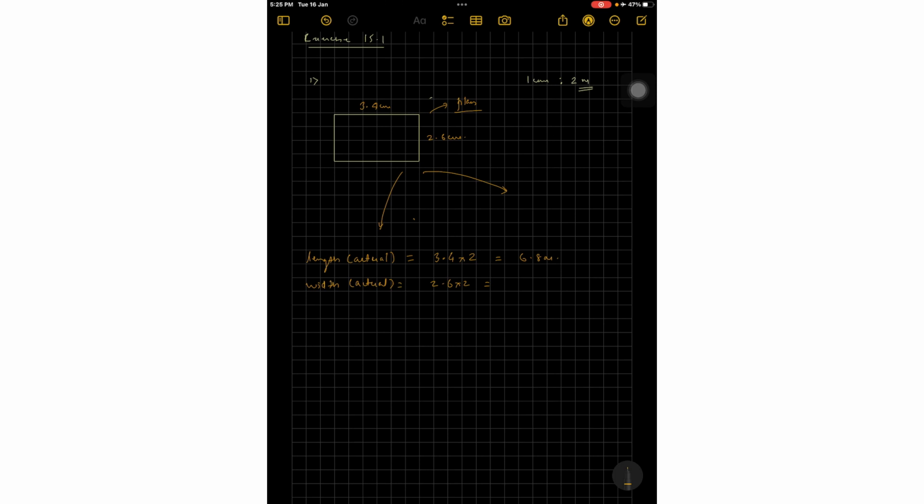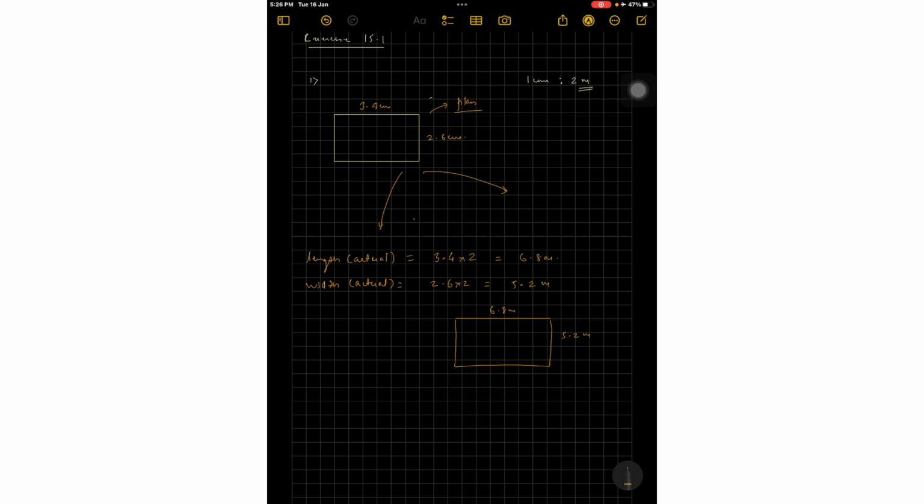So that comes out to be how much? 5.2 meters. Now we really don't have to go ahead and make the actual because we are not building it now, so that's fine. So if I have to really make a structure and show, this is what you expect. So this is going to be 6.8 meters and this is going to be 5.2 meters. Okay, so that's all.